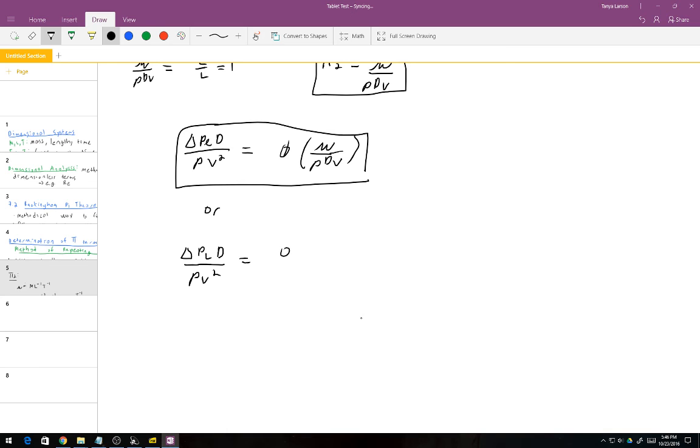But I could just as well say that this is a function of rho d V over mu. So we've taken 5 variables and reduced them to 2. Five variables down to 2, and this reduces the number of experiments that we need to run.